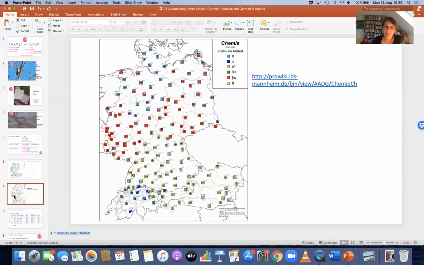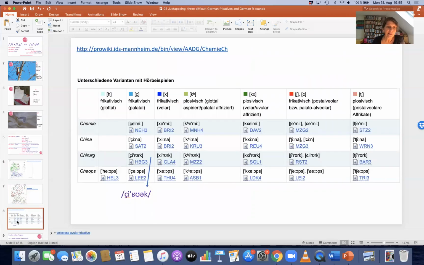And if you go to this website, you will also see this table here where they compare words: Chemie, China, Chirurg. And I actually don't pronounce the R. I say Chirurg or Chirurg, and Cheops, from Egypt.